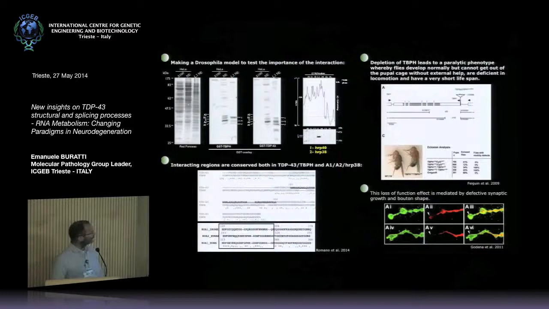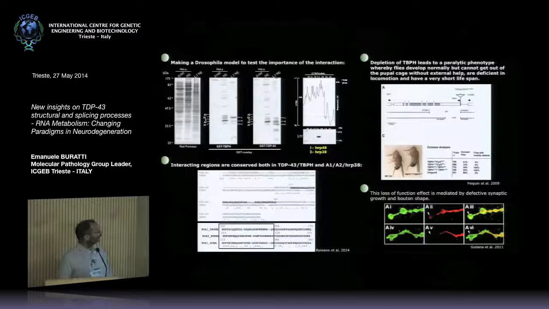So at the level of the organism, what we decided to exploit is the model that was set up by Fabian in 2009. The reason why we decided to exploit this model is that if you use this very basic GST overlay technique, and you look at the proteins that are recognized in the nuclear extract of human and Drosophila, you will see that the human protein in the Drosophila nuclear extract is recognizing a set of proteins migrating almost in the same position as the hnRNP proteins in the human extract.